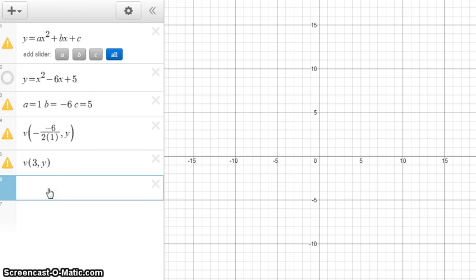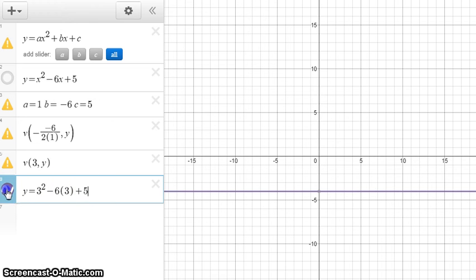So y would be equal to 3 squared minus 6 times 3 plus 5. What does that give me? That's 9 minus 18 plus 5, and 9 minus 18 gives us negative 4, right? So this is equal to negative 4. There you go, that's my y value.